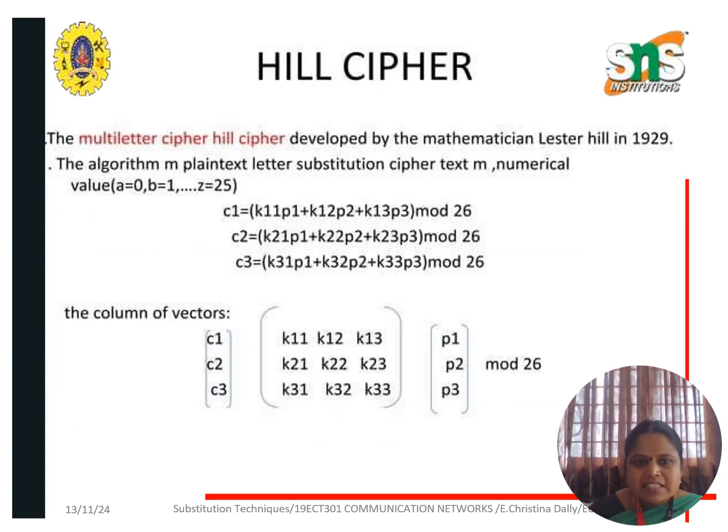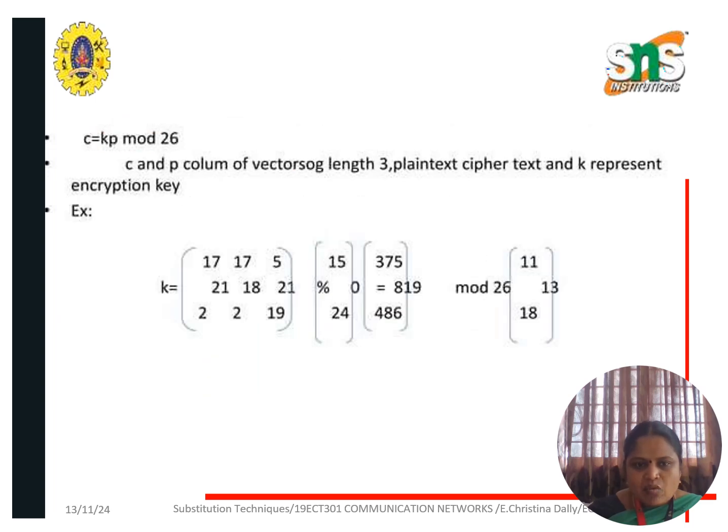The next one is the Hill cipher. It was developed by the mathematician Lester Hill. We develop this cipher with the help of substitution, producing ciphertext C1, C2, C3. Here we use the formula with K11, P1 and so on. We use matrix form, where numbers are multiplied with the values.